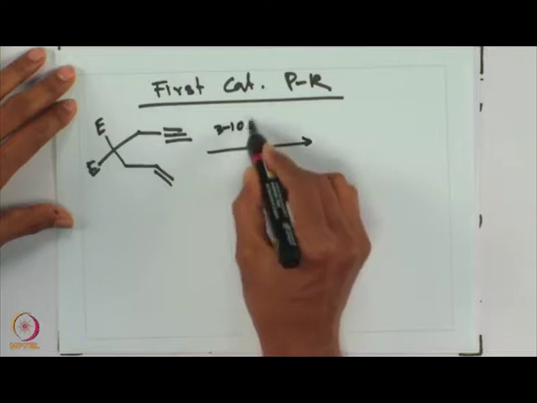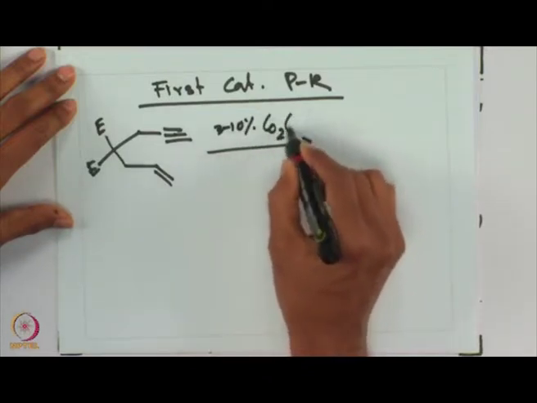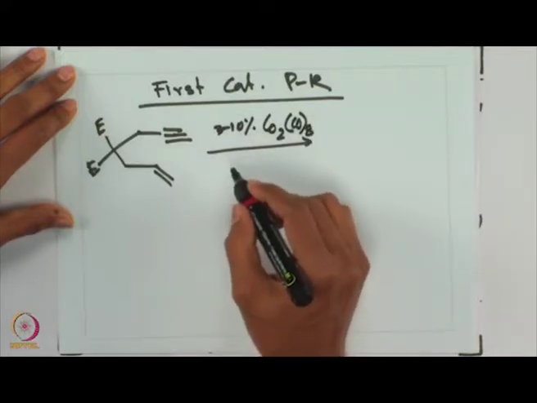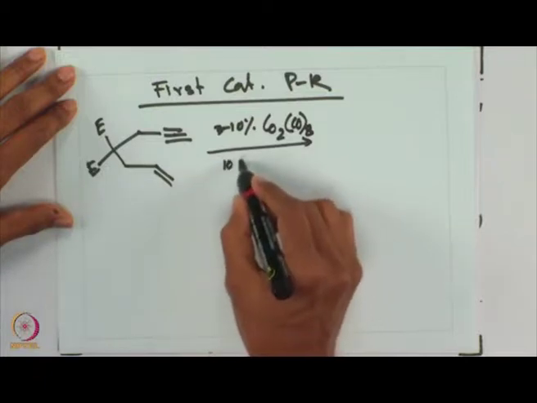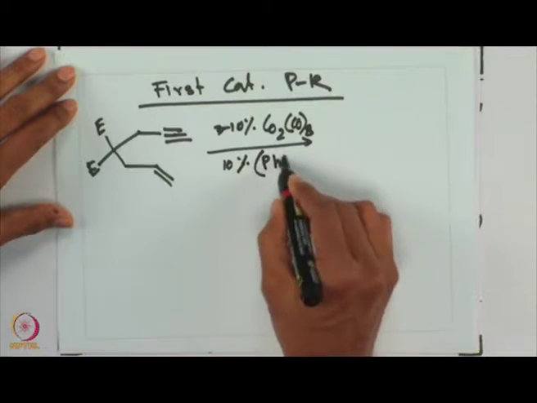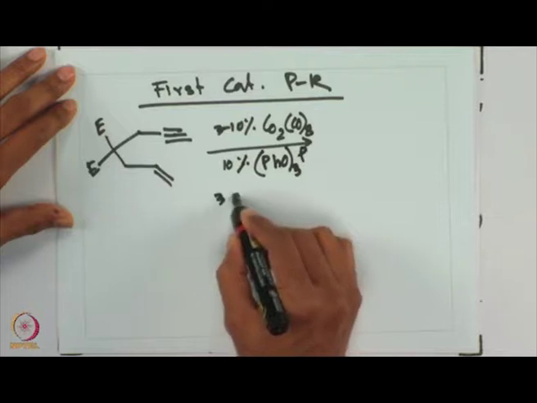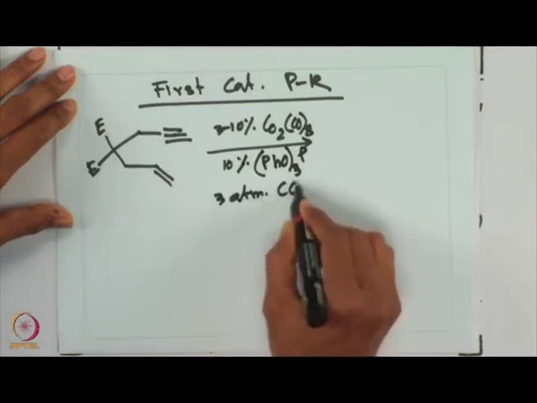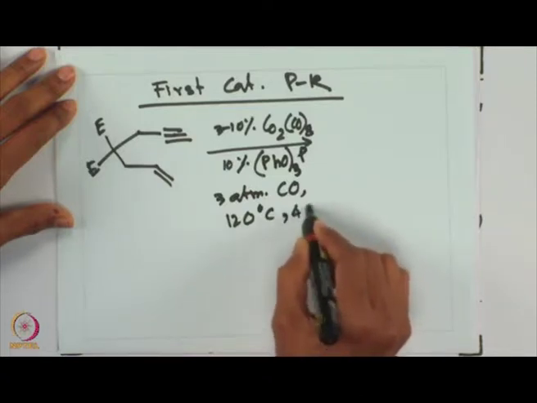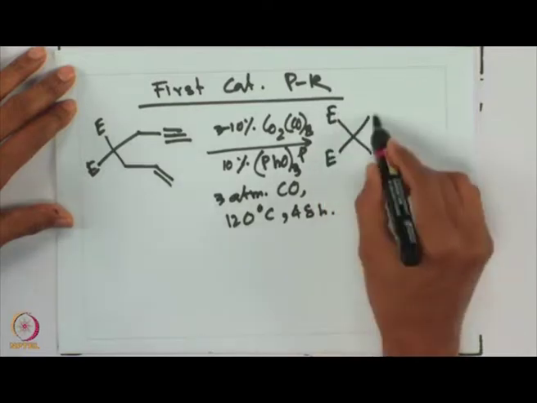The catalyst taken is 3 to 10 mole percent dicobalt octacarbonyl, 10 mole percent of the ligand, that is the ether version of it, and 3 atmosphere pressure of CO, 120 degrees C in DME solvent, 48 hours and so on.